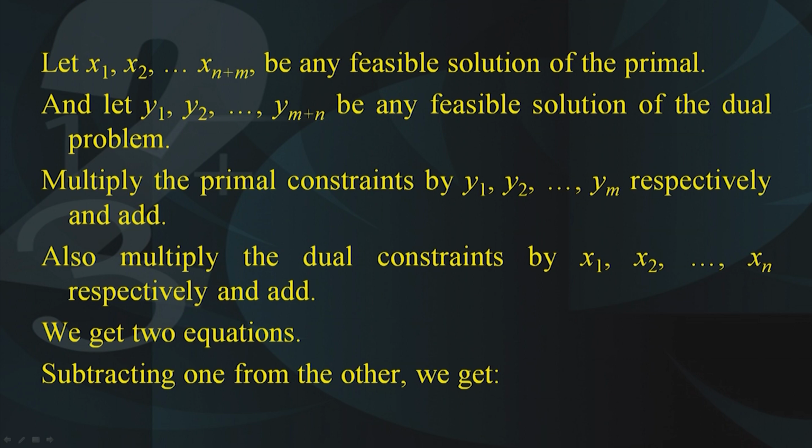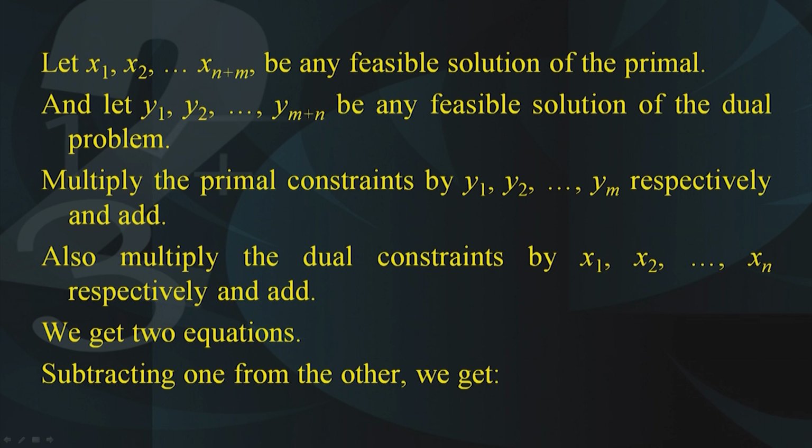Now, we will multiply all the primal constraints by the respective variables y1, y2, etc. That is, the first constraint will be multiplied by y1, the second constraint will be multiplied by y2, etc. And all this will be added.